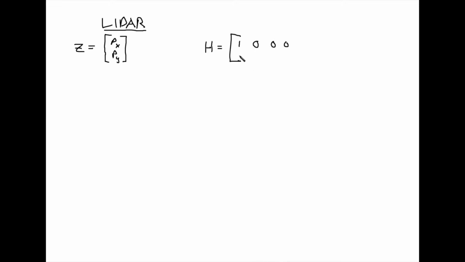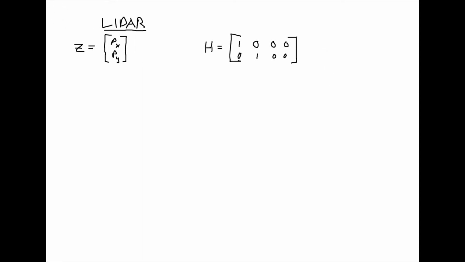In this case, it would look something like this, where you can tell that if I multiply H times x, it gives me the same 2x1 matrix where we're just recording the px and py. So that's what we want.